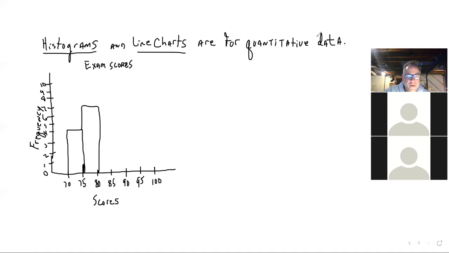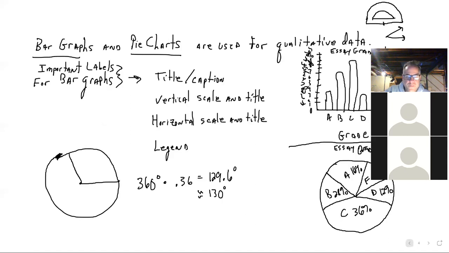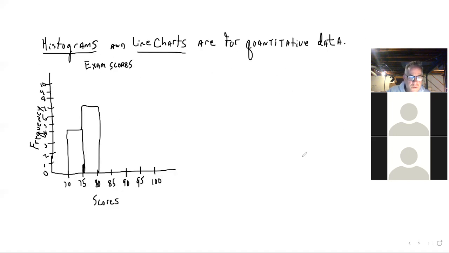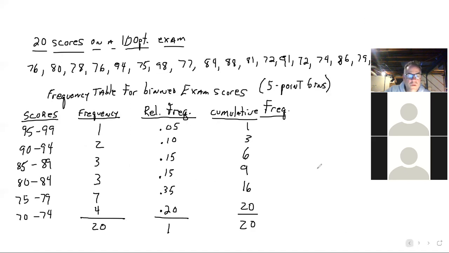Between 80 and 84, I do not remember. I'm going to have to flip back. And between 85 and 89, there were just 3. So the next bar will be right here. And then one right after that was also 3. Now between 90 and 94, excuse me, there were 2.